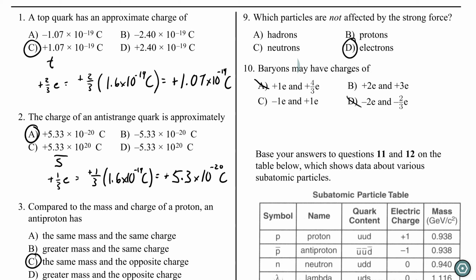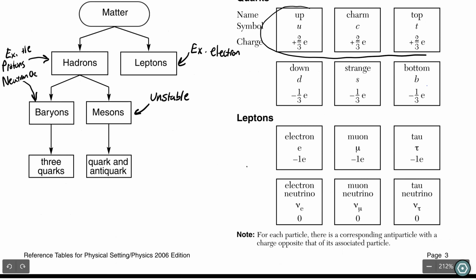Could it be B? Well, it can't be B because you can't get 3 quarks to have positive 3e. If the 3 quarks added up to positive 3e, that would imply that each quark had positive 1e. And if you look at your table, none of these have a charge of positive 1e.